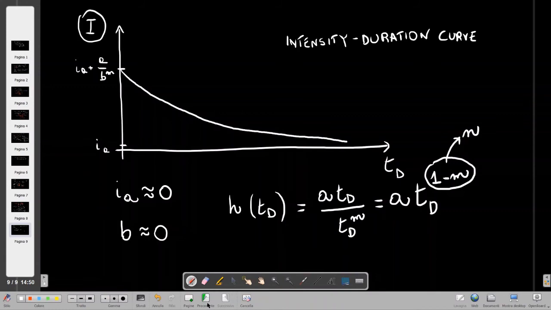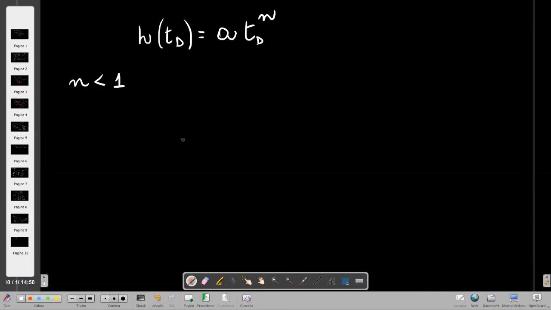So in general, a simplified relationship giving us the rainfall depth as a function of the duration is a parameter times the independent variable power another parameter n. Now it can be observed that n must be lower than 1.